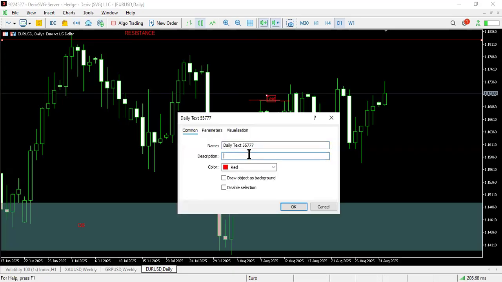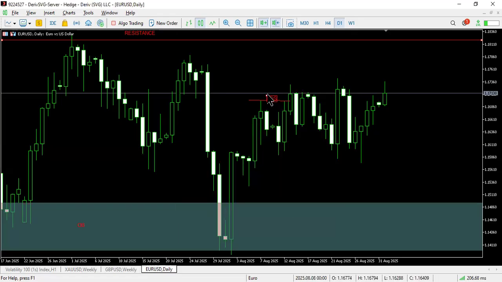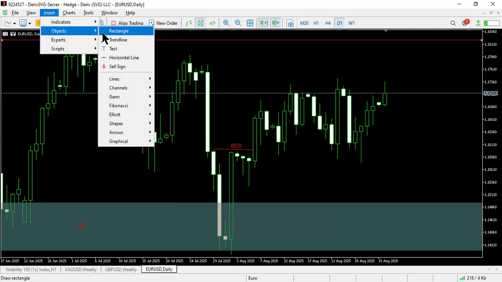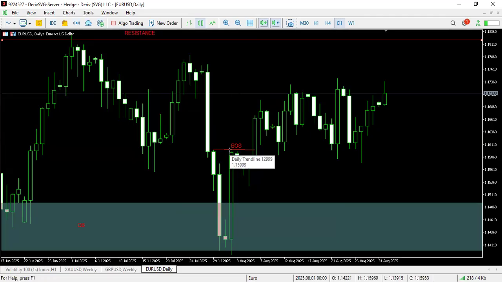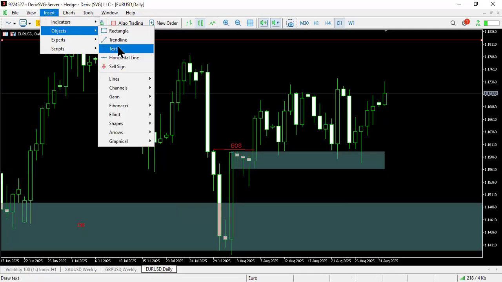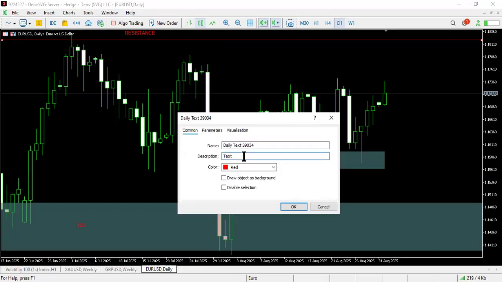Actually, it's here, we have a break of structure. And then price is currently reacting off our order block, which is that one. So that is our order block.